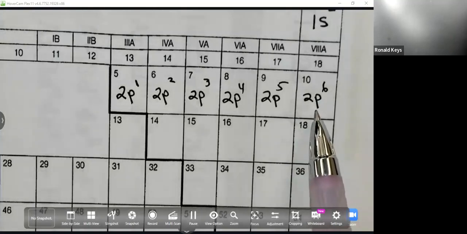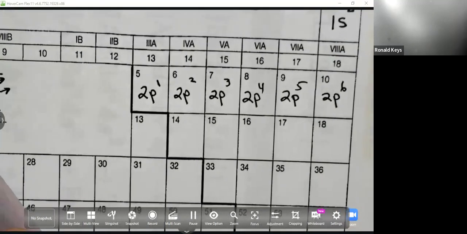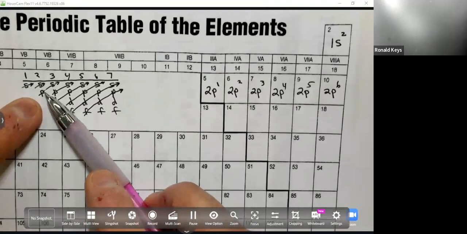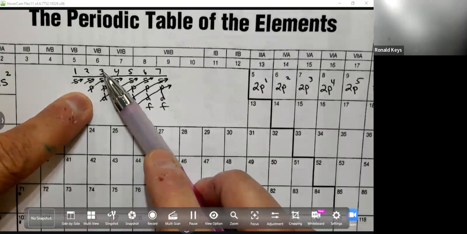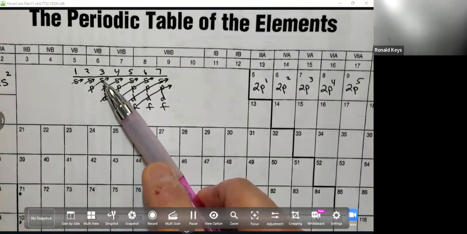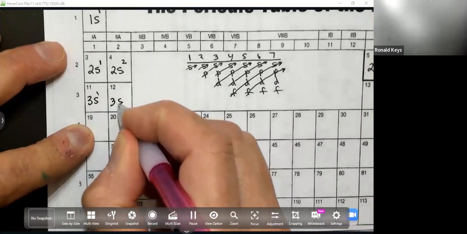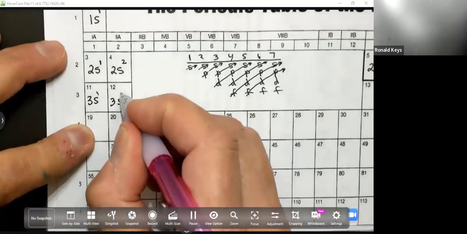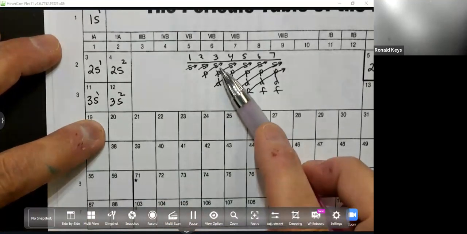After 2p6, I have to start a new row. I'm right here. I got to go to energy level 3. I start a new row on my periodic table. I have to do my 3s1 and 3s2 right here. After 3s1 and 3s2, that's this arrow.